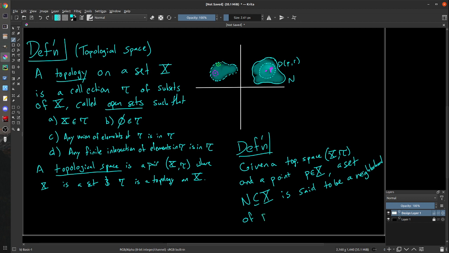A neighborhood of P if there exists O, an open set, meaning in tau, such that P is in O, and that's contained in N. Okay, so that coincides with this definition here.